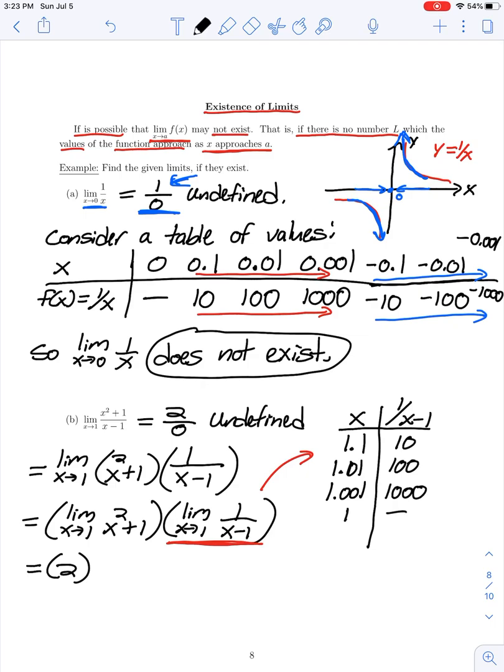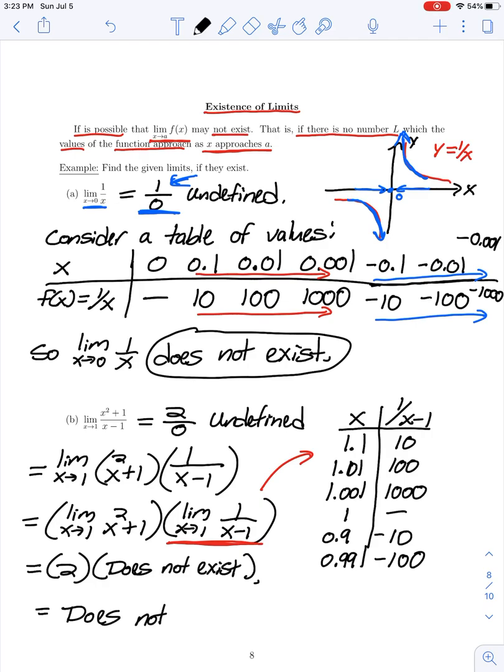We know when x is equal to 1, the function is undefined, and if we take values a little bit less than 1, like let's say 0.9, we have -1 over 1/10, or -10 for the value of our function. If we move a little closer to 1, say 0.99, we have -100 for the value of our function. So again, we're seeing that this second term does not exist. Therefore, the limit itself does not exist.